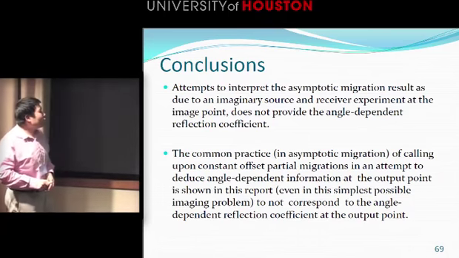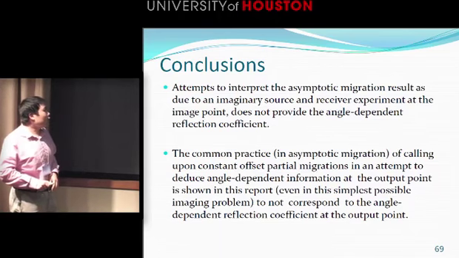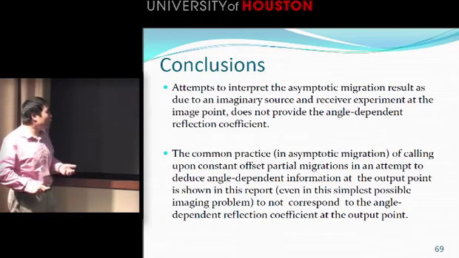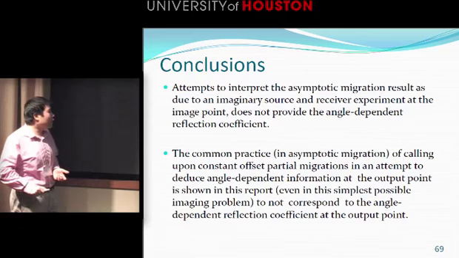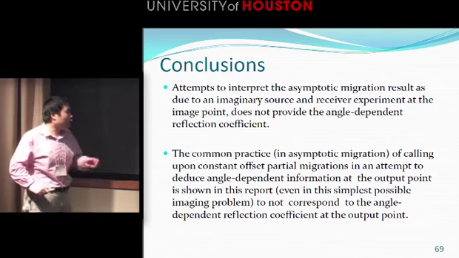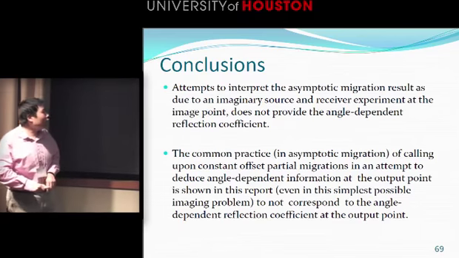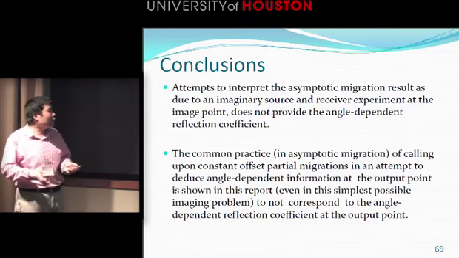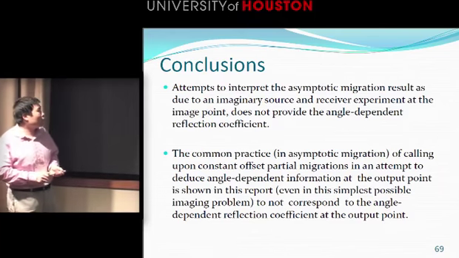And the common practice in asymptotic migration of calling constant offset partial image or partial migration in an attempt to deduce angle-dependent information at the depth is shown not to correspond to the angle-dependent reflection coefficient at the output point. That is the second way we tried to help the asymptotic migration get the angle-dependent reflection. Both do not work.